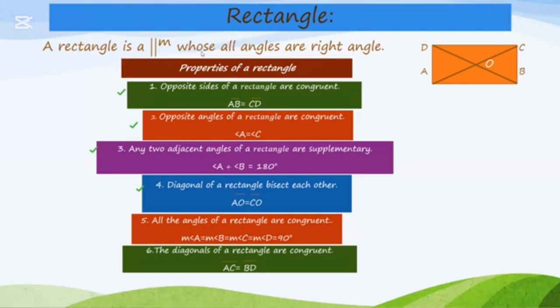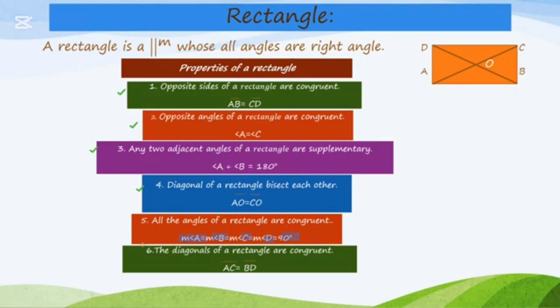So here, the measurement of angle A, angle B, C and D, they all are equal to 90 degrees. So all the angles of the rectangle are congruent.